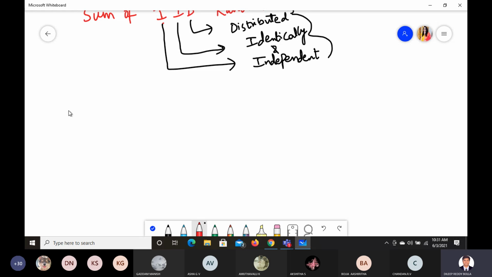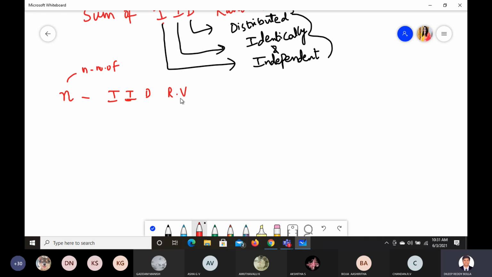Now let us compute this. What is happening here? We are assuming n number. What is n? So n is IID, independent and identically distributed random variables. There are n number of independent identically distributed random variables.